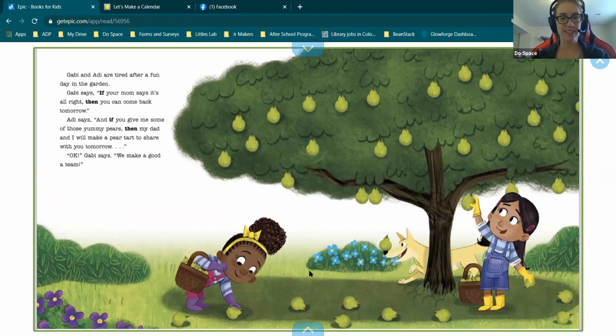Oh my goodness. So yeah. I forgot to mention that code is also like special instructions. It's special directions. Have you ever had to follow directions before?